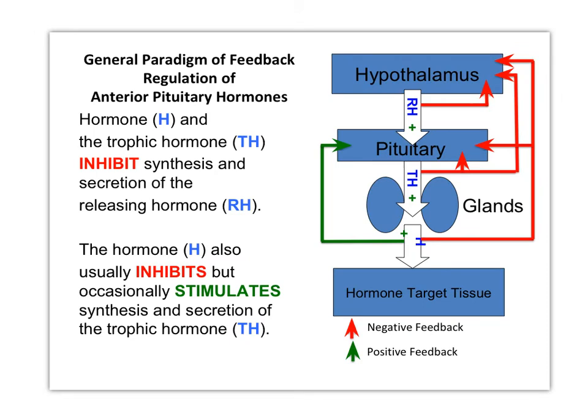So in this module, we're going to talk about very basic paradigms of how the hormones interact with these glands and create this servo-regulatory system. In all the cases, we're going to use the same sort of cartoon to explain these. Hormones will be shown as H. The trophic hormone, something such as thyrotropic hormone or follicle-stimulating hormone, will be called TH.